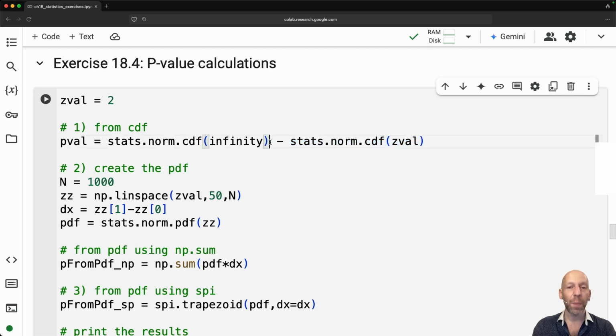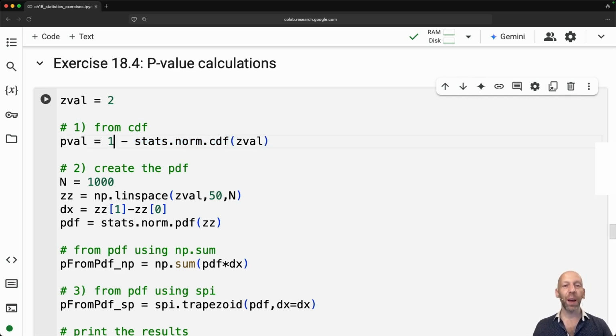But we know that part of the mathematical definition of a CDF is that it goes up to 1. It asymptotes up to 1. So the top value is 1 as we approach infinity. So therefore, we just write 1. And that is why this is the correct code to calculate a p-value.